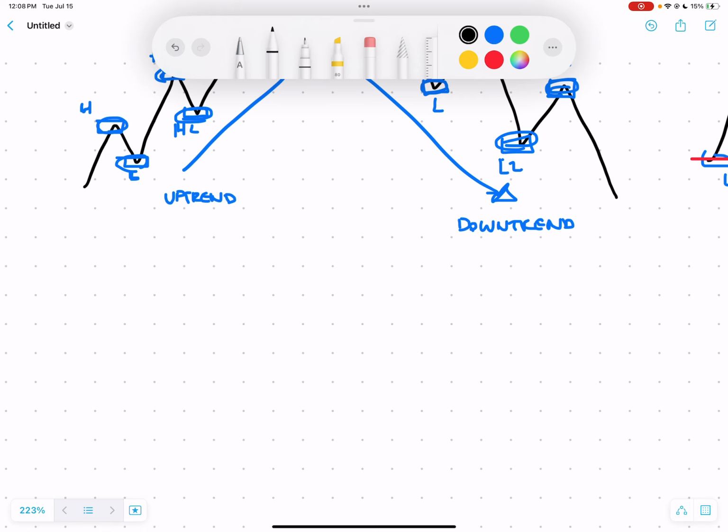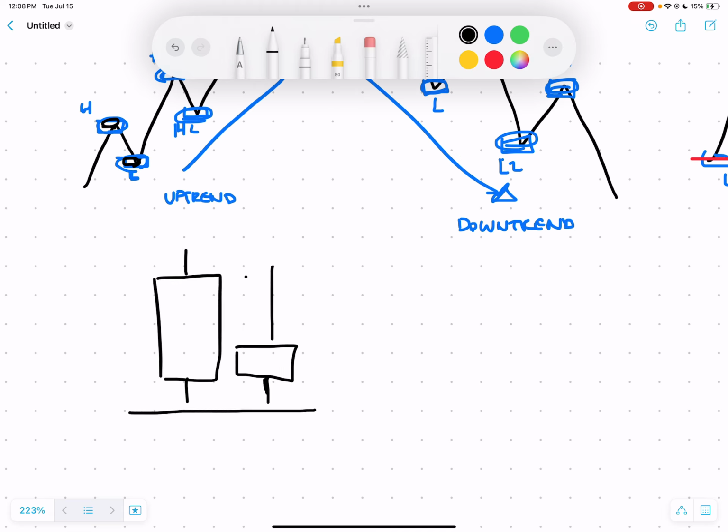How do we know when there's a high? How do we know when there's a low? Simple, guys. Very simple. Whenever you see a candlestick going down, and another candlestick going up, let me draw colors so you guys cannot be lost.